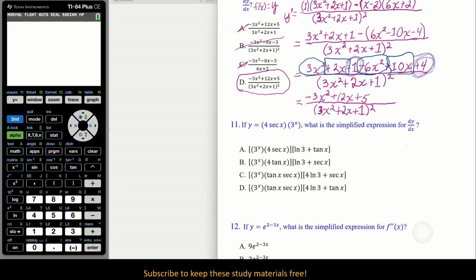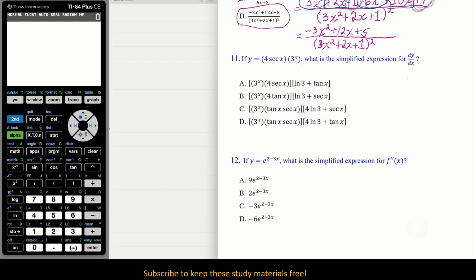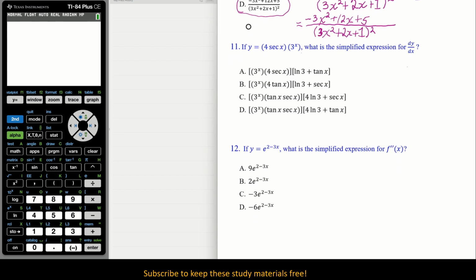Okay, so number 11 here. Again, we will not use a calculator. This is just a matter of knowing our rules for derivatives, and in this case, it's trig, okay? All right, so what are we going to do here? Well, I see some clues and absolute giveaways of what we wouldn't do. Okay?